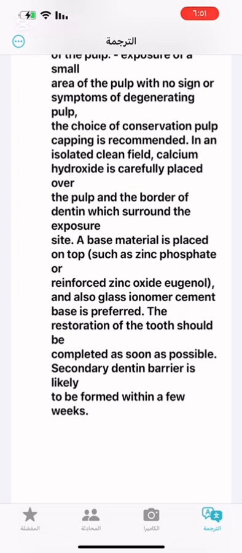A base material is placed on top, such as zinc phosphate or reinforced zinc oxide eugenol and also glass ionomer cement base is preferred. The restoration of the tooth should be completed as soon as possible. Secondary dentin barrier is likely to be formed within a few weeks.